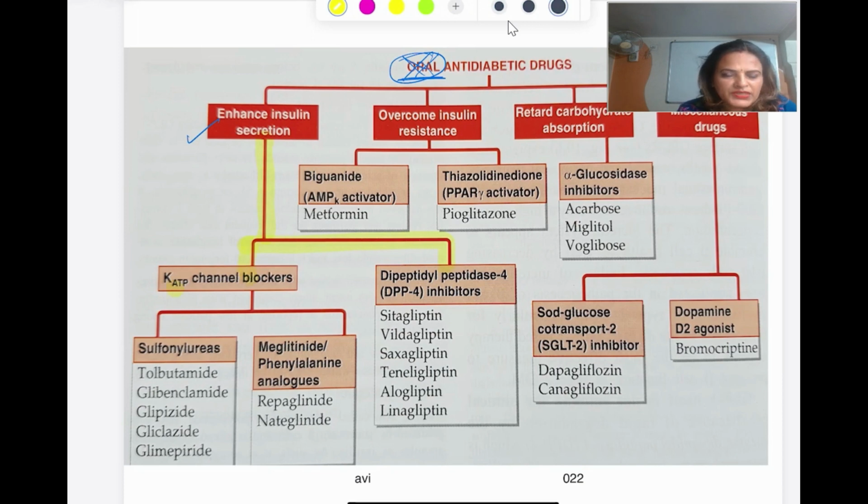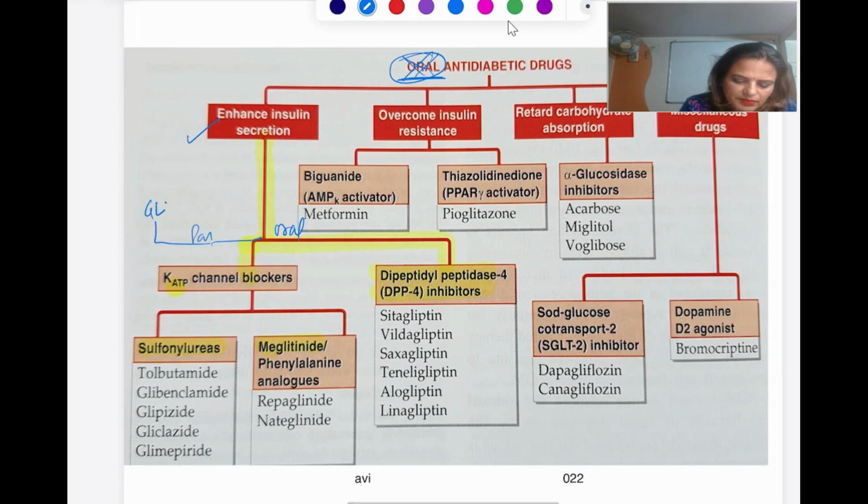ATP sensitive potassium channel blockers, we have 2, sulfonylurea and meglitinide, and then DPP4 inhibitors. These are oral, and then we have a parenteral also, that is GLP-1 analog.